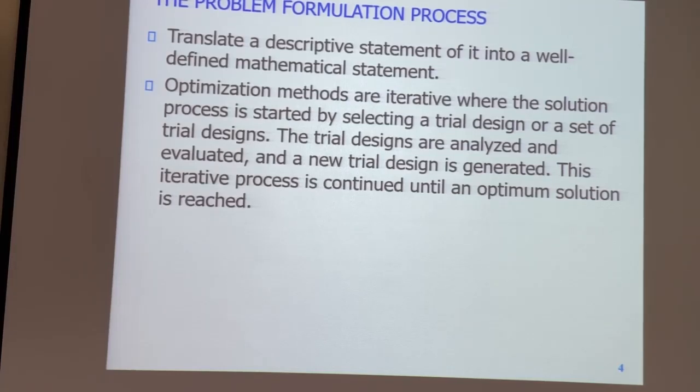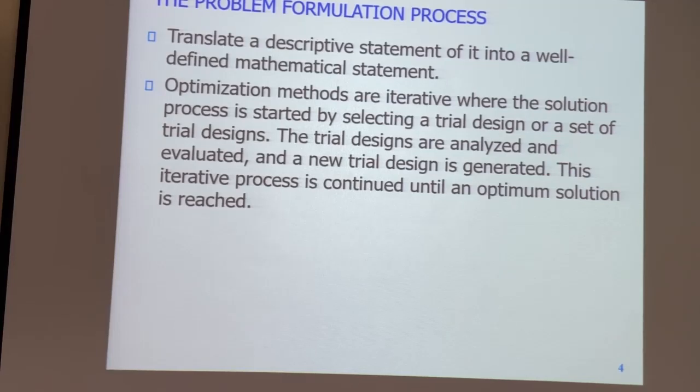Okay, do this again for the first sentence. Optimization methods are iterative where the solution process... Stop. Remember what I told you? Optimization methods are iterative. Look at me. Where the solution process is started, by selecting a trial design or a set of trial designs.